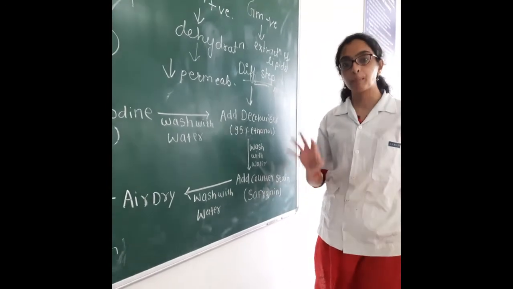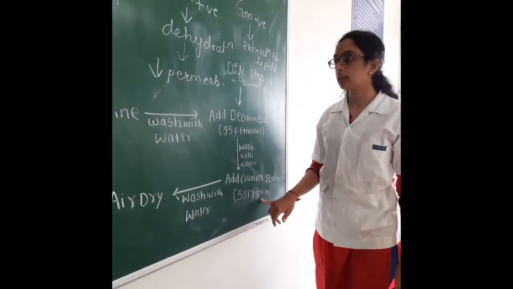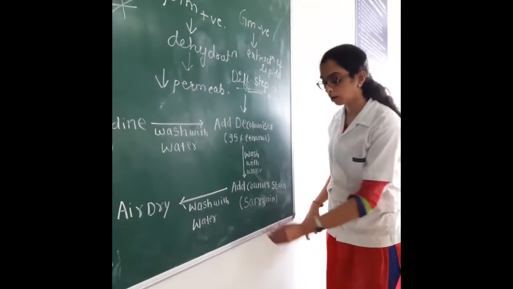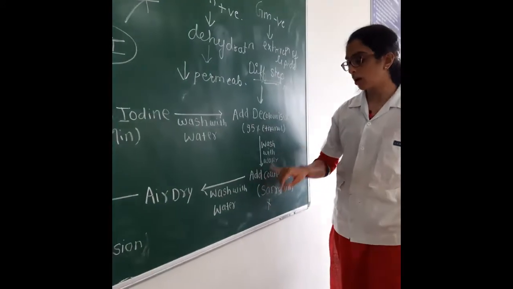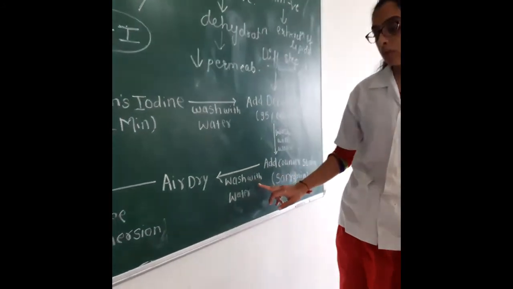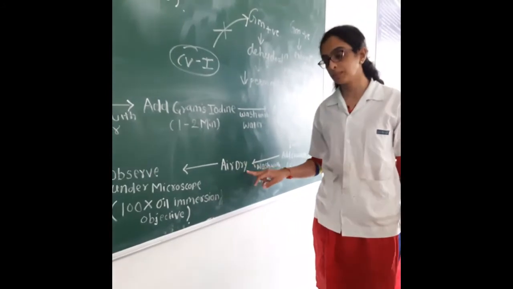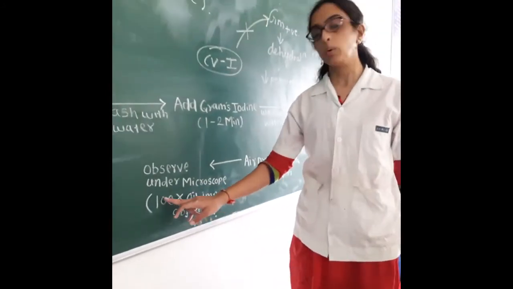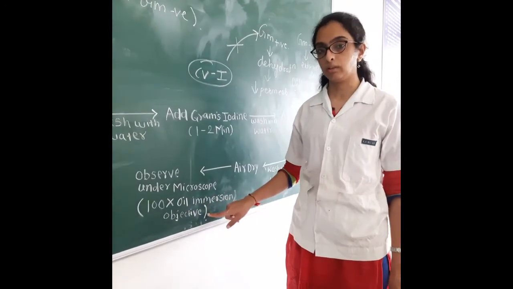But if my sample only contains gram positive bacteria, then those gram positive cells will not take up this counter stain. Okay. So after the decolorizer, add the counter stain, again wash it with water and then air dry the smear and observe it under the microscope using the 100x oil immersion objective.